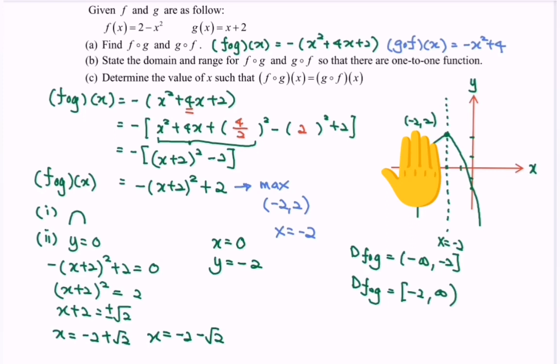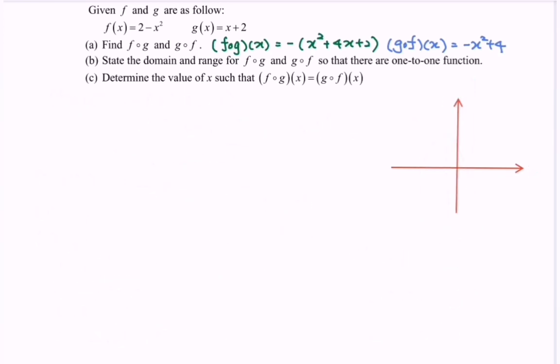Choose either one, and I prefer the right-hand side. That is the domain for f∘g, and the range refers to the graph. The minimum value will be negative infinity and the maximum value will be 2. So that is the domain and the range for the function f∘g.